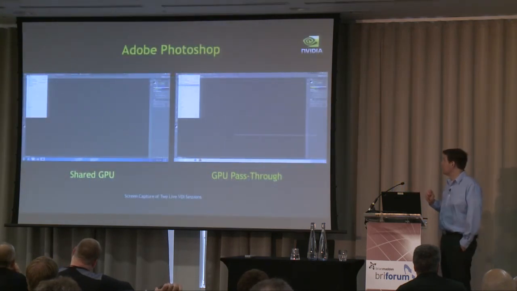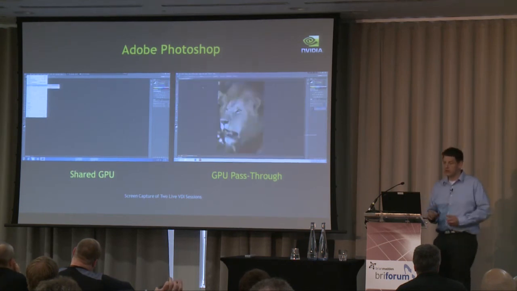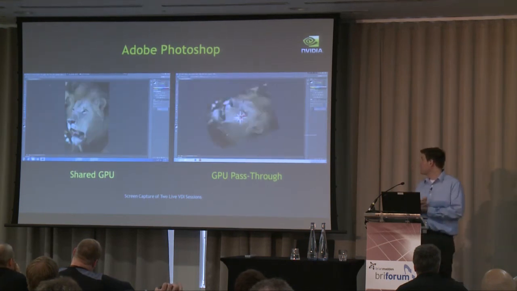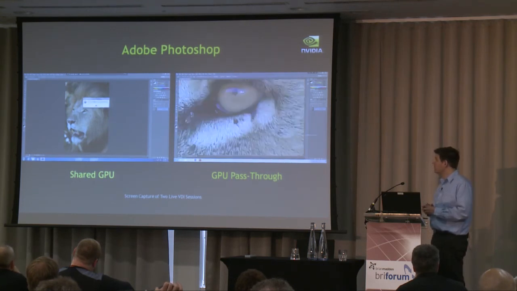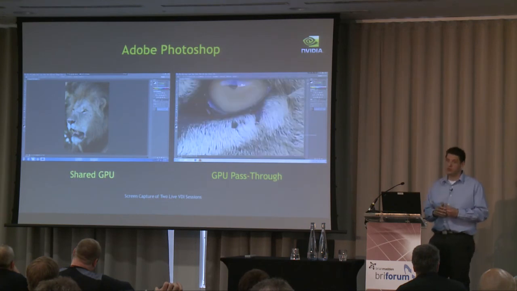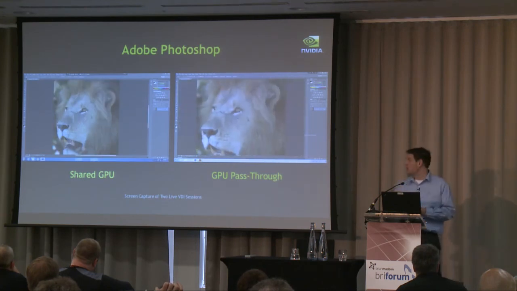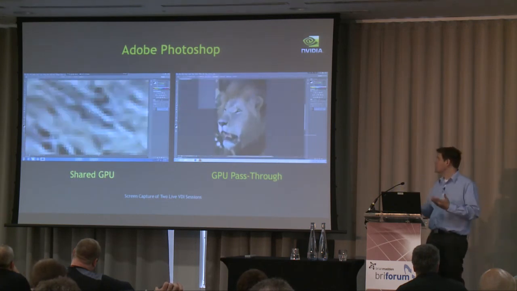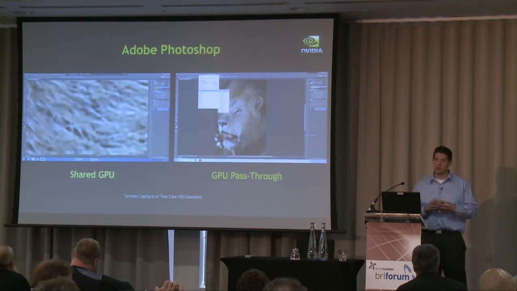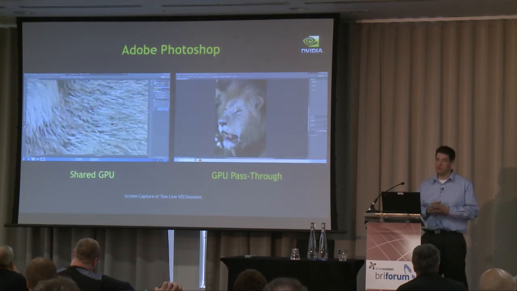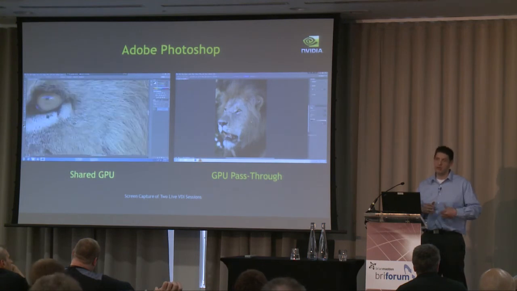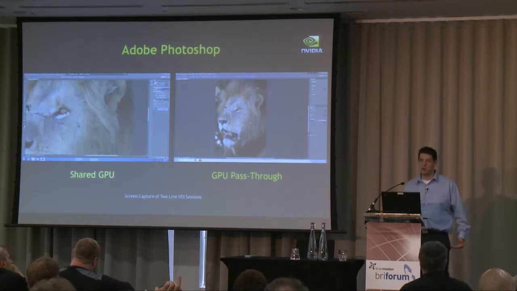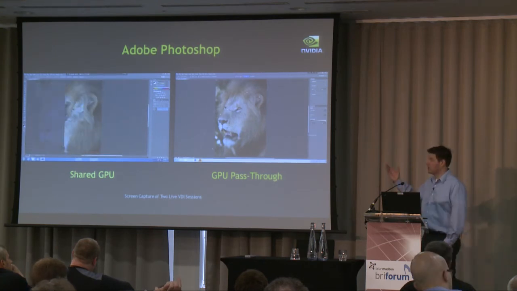So here, since we're comparing these 3 different modes, I'm now comparing shared GPU with GPU pass-through. The responsiveness of the shared GPU is definitely significantly better. But because Photoshop relies on a certain level of OpenGL, and in shared GPU we have only OpenGL 2.1, whenever you require API calls above that, you will get error messages.